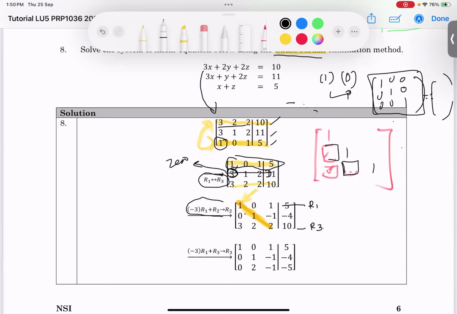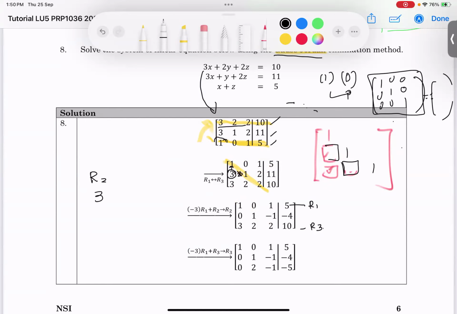This is the row, R2. So this one is the diagonal. I want to make this one become 0, so what should I do? I write down R2, and the value is 3. And then my nearest diagonal, it cannot be this row because this one is next to it.